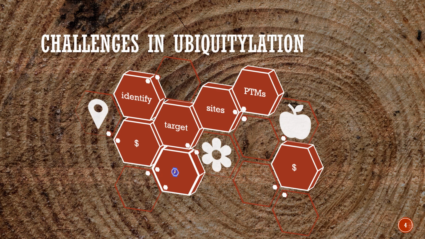So the challenge that they were attempting to solve using neural networks was that the thing about ubiquitination, which is the process of identifying these sites, is very expensive and very time consuming.